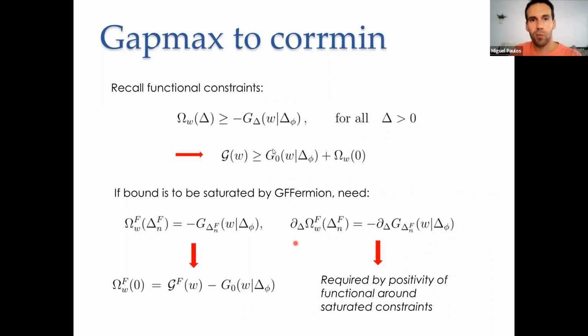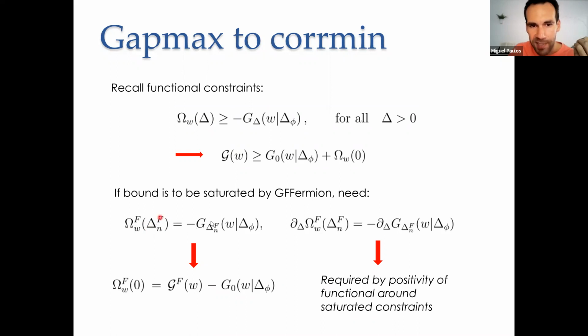So how can we do this? Recall that to get these bounds, we need a functional that satisfies some constraints. If it does, you get this bound. If the bound is to be saturated by this generalized free fermion, then these constraints have to be saturated when you act with the functional on the fermion spectrum, at these values of dimension.